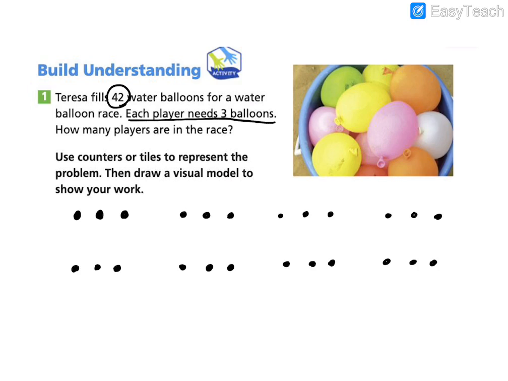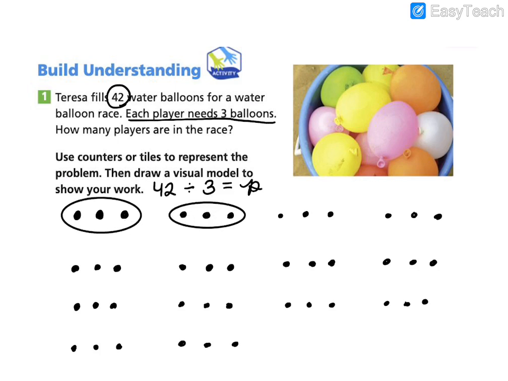Go ahead and pause the video if you need more time drawing your 42 water balloons, and press play when you're ready. Okay, great. So I have my 42 balloons, and I've divided them so that each player has 3. I need to find how many players there are. So I'm going to go ahead and count my groups of 3. 1, 2, 3.